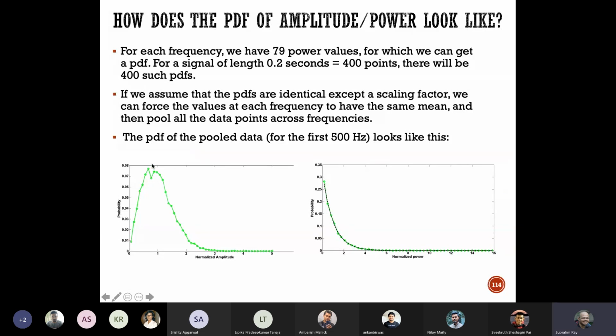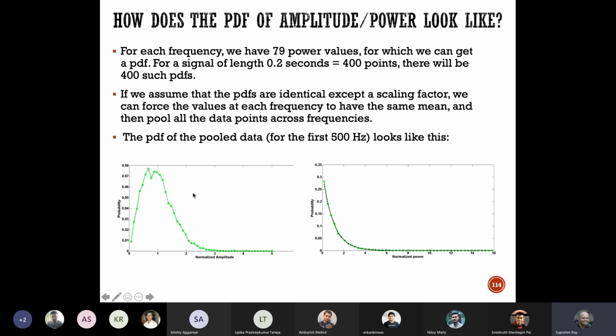And this thing won't change at all if I look at different frequencies. The only thing that will happen is that the mean is changing, so it is going to be just a stretched or squished version of the same thing. This is what is called a Rayleigh distribution, and the same thing here is called an exponential distribution.